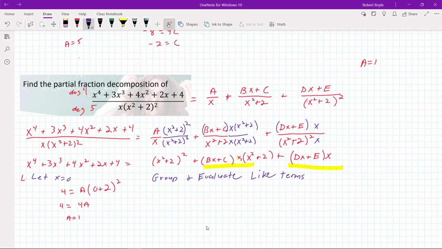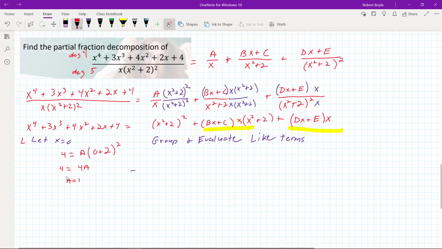And if you do, you are going to have x to the fourth plus 4x squared plus 4 plus b times x to the fourth plus cx cubed plus 2bx squared plus 2cx plus dx squared plus e times x.